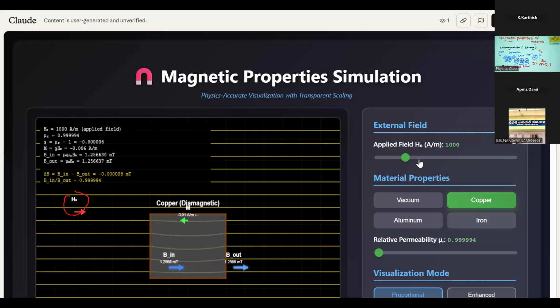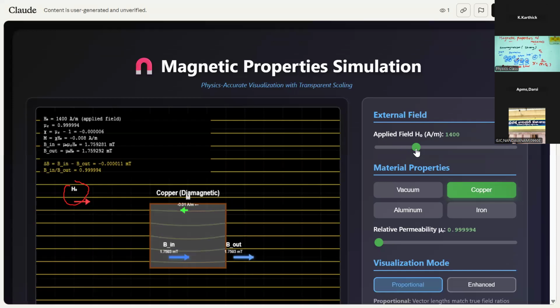Think of H naught as a field we apply from an outside magnet or a current-carrying coil. You can see the H naught vector as a red arrow.